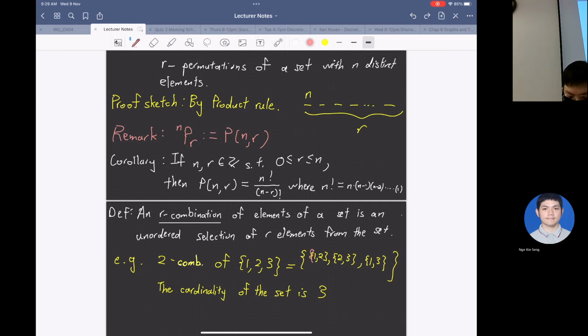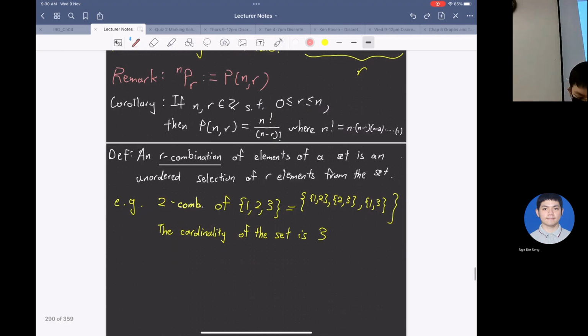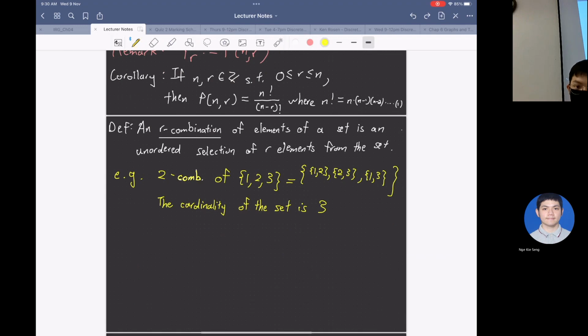Remember that inside a set, we just care about which distinct elements are inside. We don't care about the order. So for permutation we usually use round brackets, and for combination we use set brackets. So what's the cardinality? The cardinality is 3.